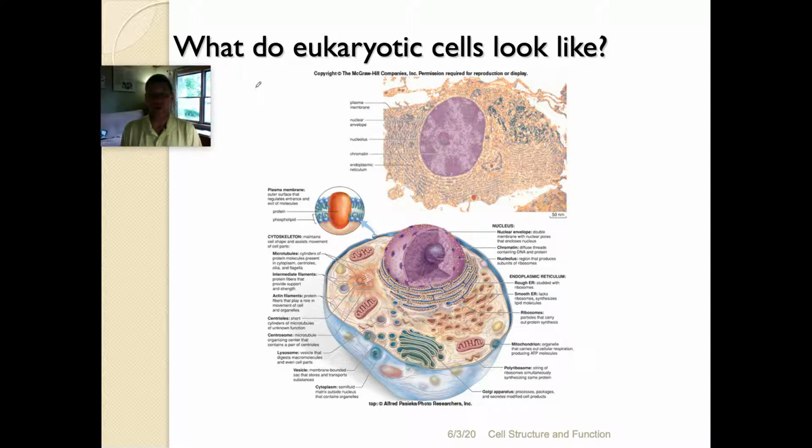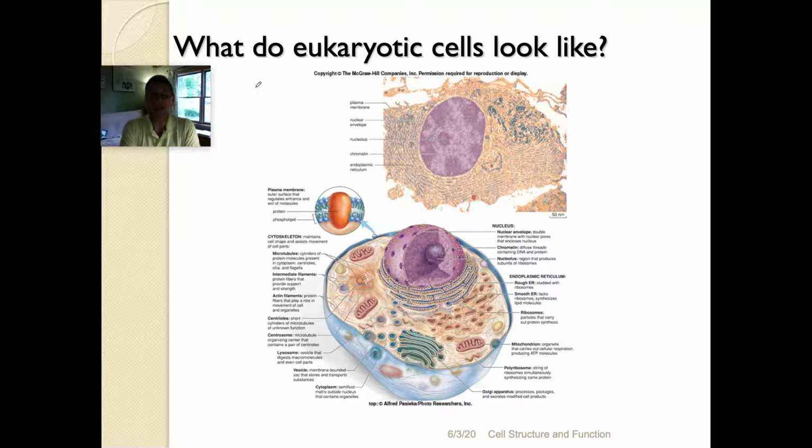Eukaryotic cells are much larger, up to 20 times larger than a prokaryotic cell, and they're very complex. The picture that you see here is just an illustration of what eukaryotic cells actually look like, and you can see that they're incredibly complex.